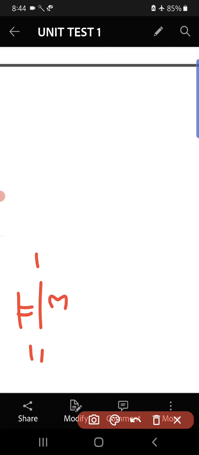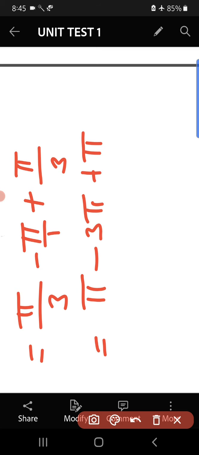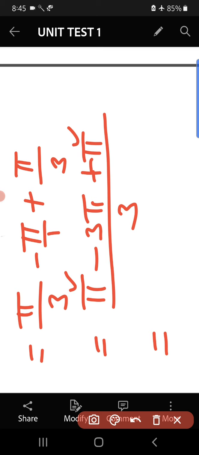Pi by 3 minus pi plus pi by 3. I will take the LCM 3, or multiply every term by 3. So I will get pi minus 3 pi plus pi divided by 3. Then pi plus pi is 2 pi, minus 3 pi, that will be minus pi by 3. So this should be your answer for the seventh question.